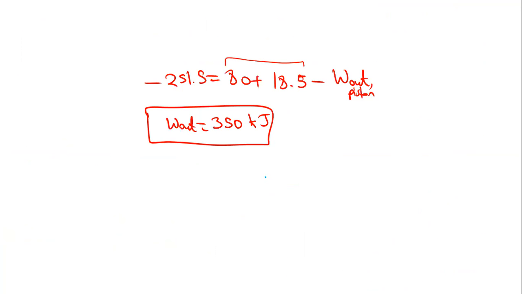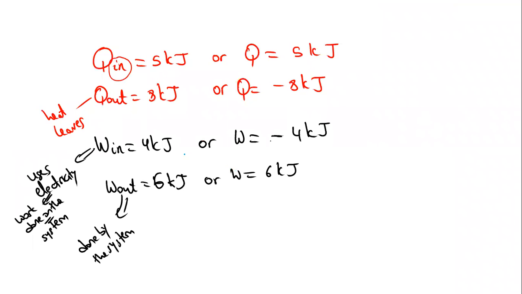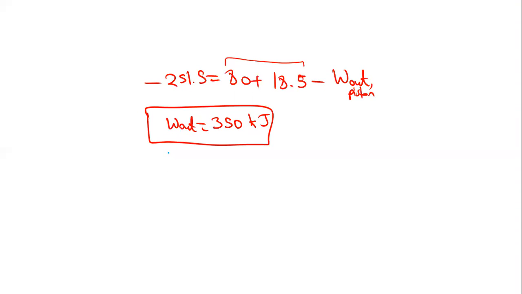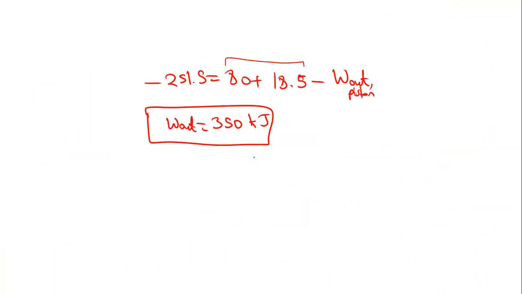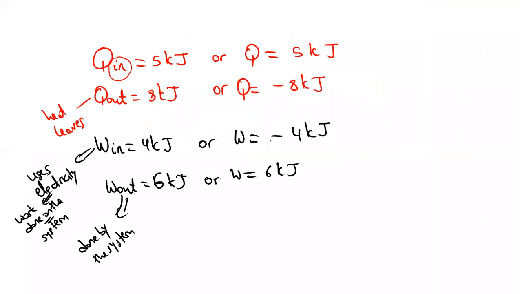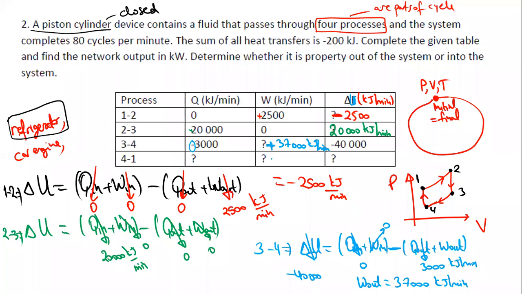And when I say negative, it should be work in. It's actually positive, it should be positive. Okay, work out is 37,000. It should be positive, because when I say work out, it is positive. Therefore, I will write the positive sign here.